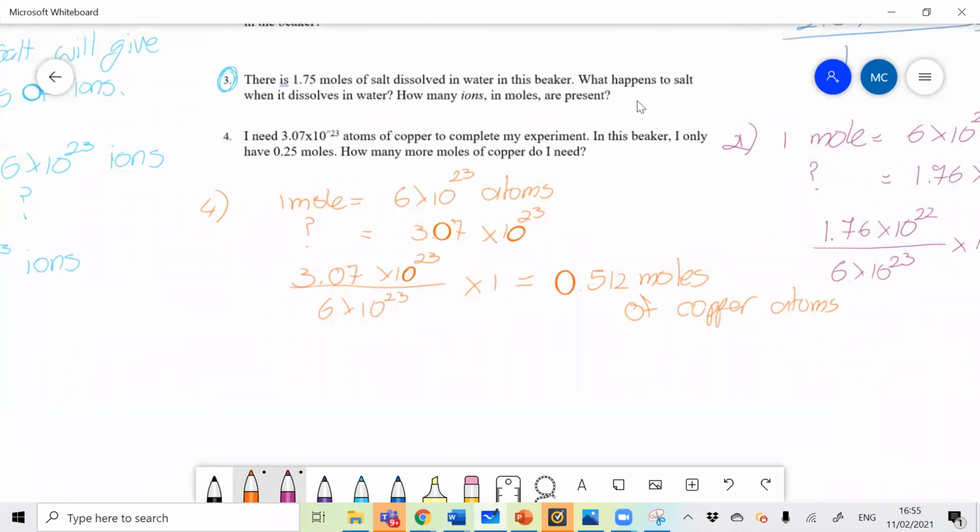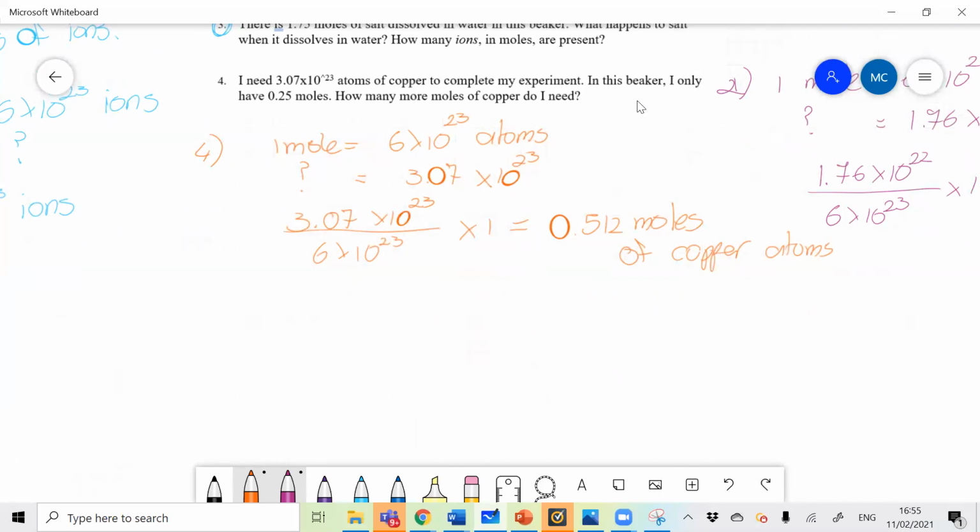Now, originally I had 0.25 moles. So I need 0.512 moles. I already have 0.25 moles.